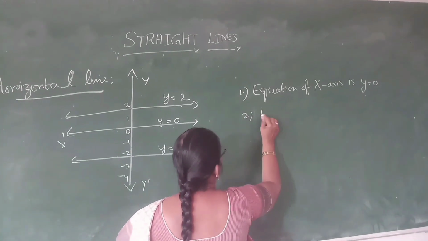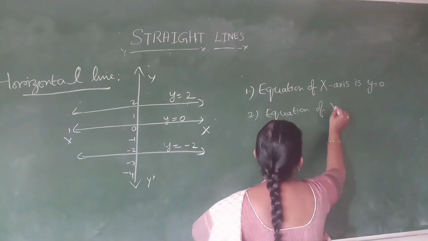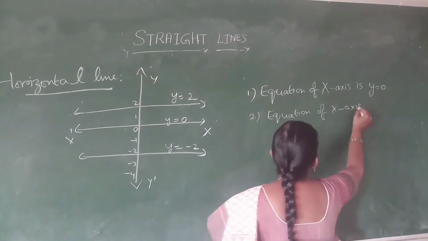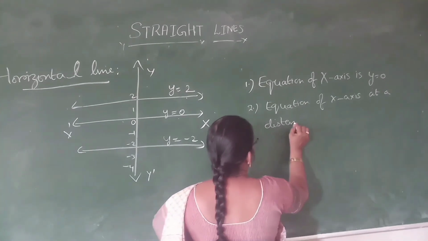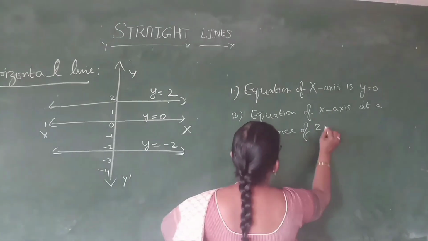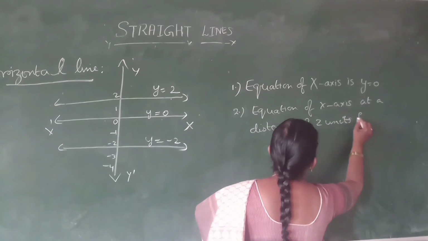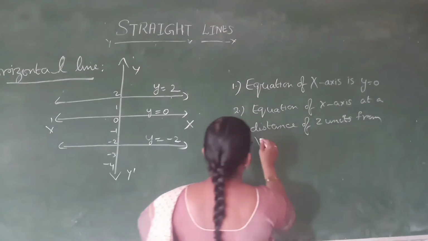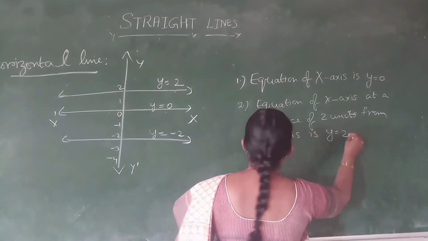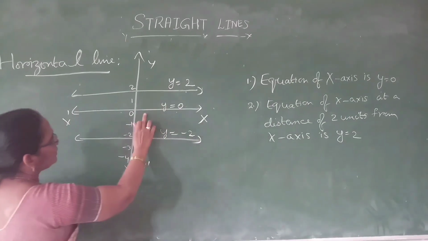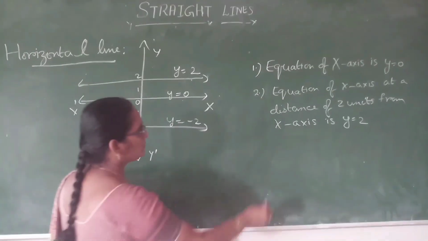Second one, equation of a line at a distance of 2 units from x-axis is y equal to 2. See, y equal to 2 is above the x-axis, that is, it is positive. Therefore, we write it as y equal to 2.